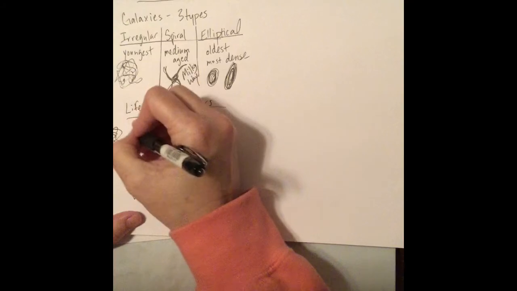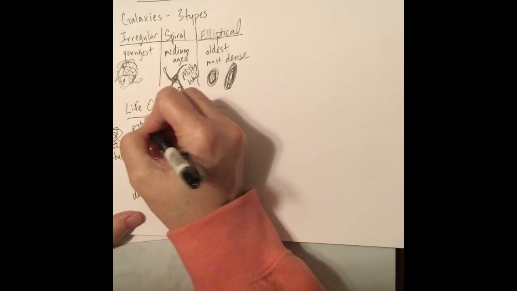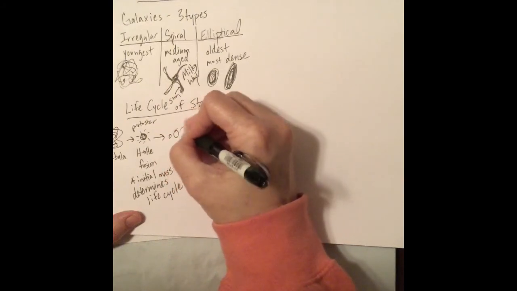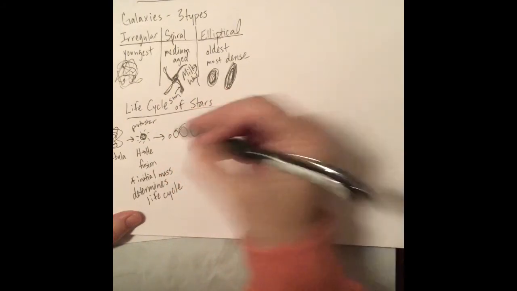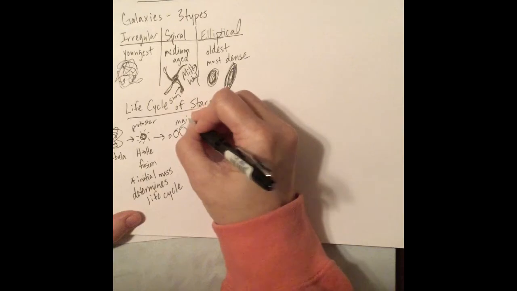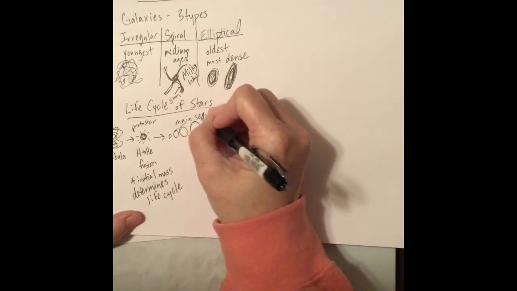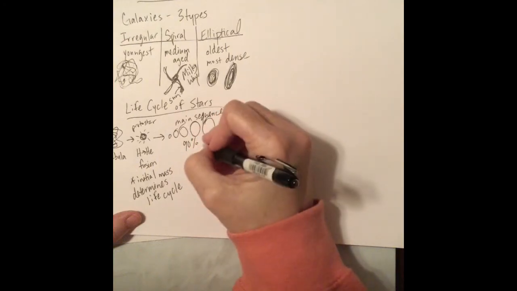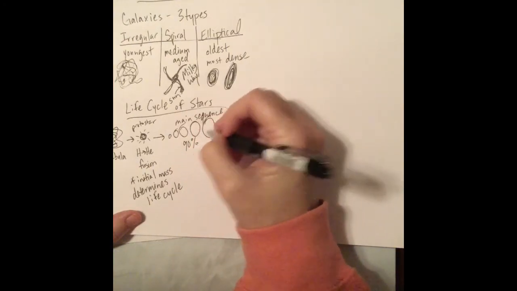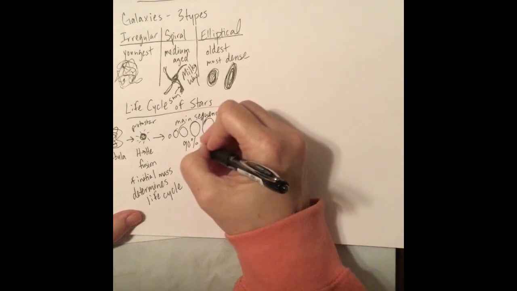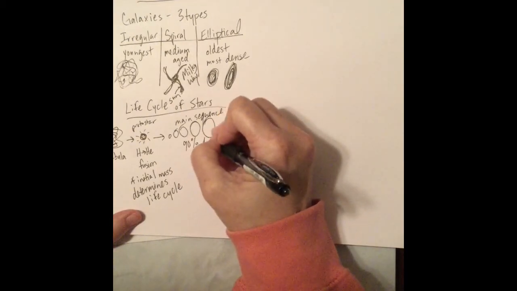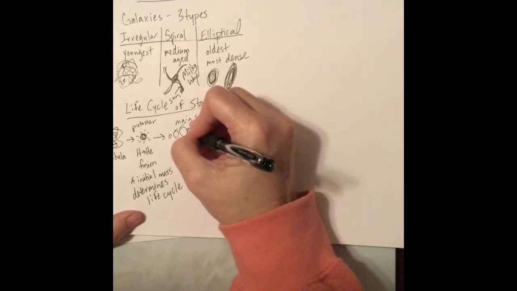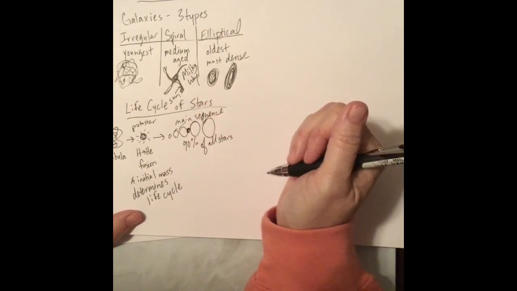So after the protostar, then all stars go through a growing period called main sequence. Now, 90% of all stars are in the main sequence, okay? Our sun, which is the star called Sol, is in the main sequence, okay?